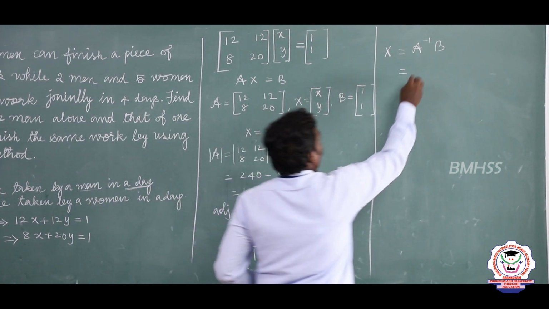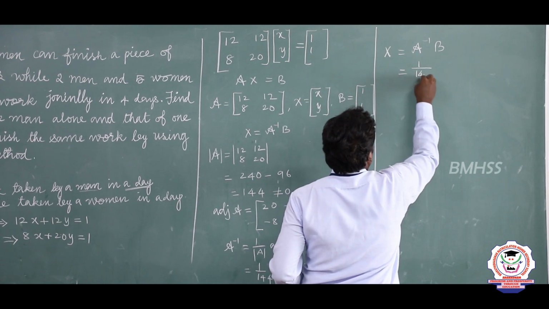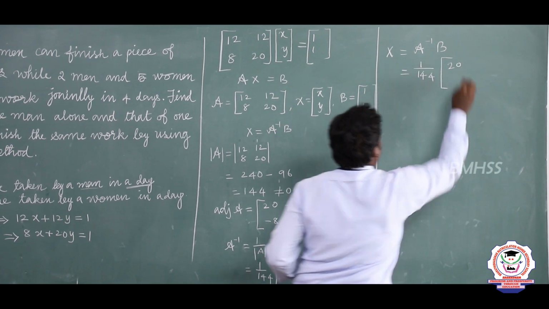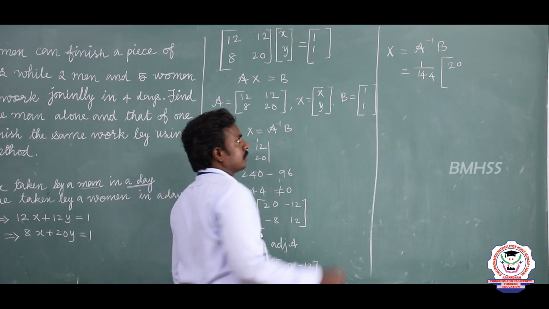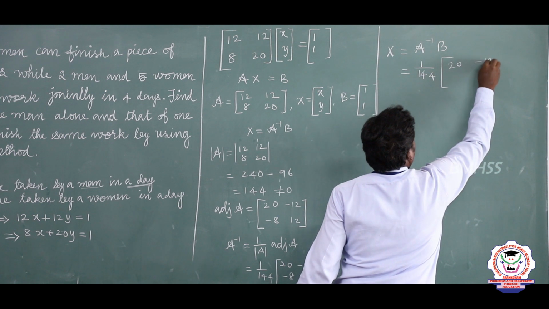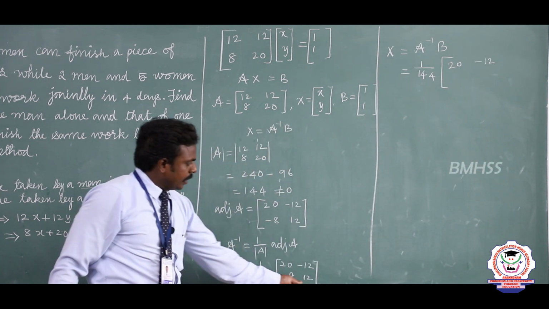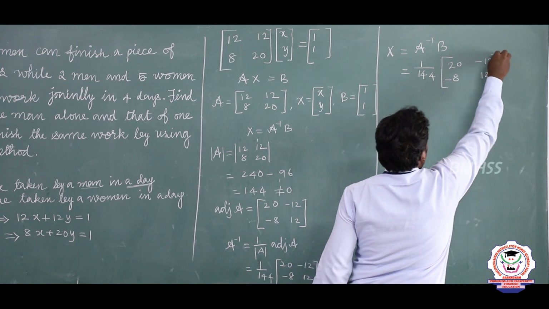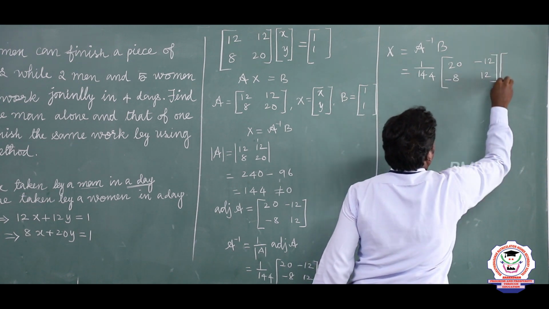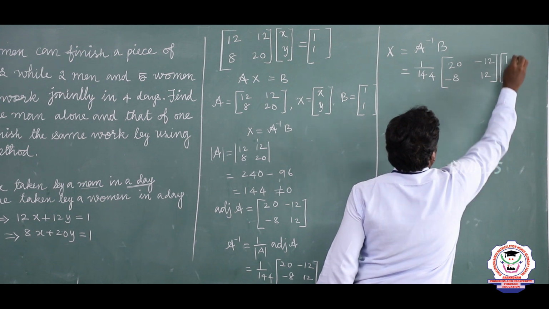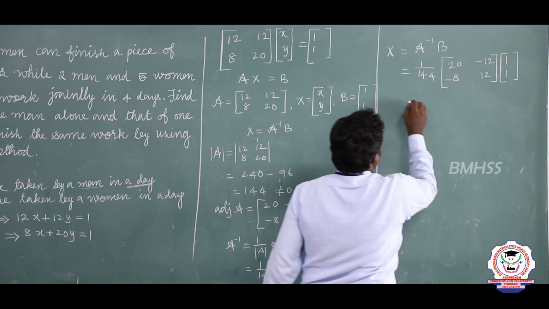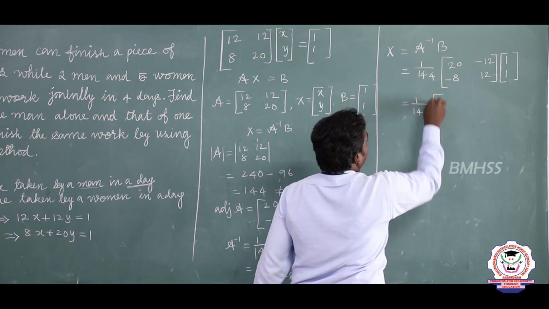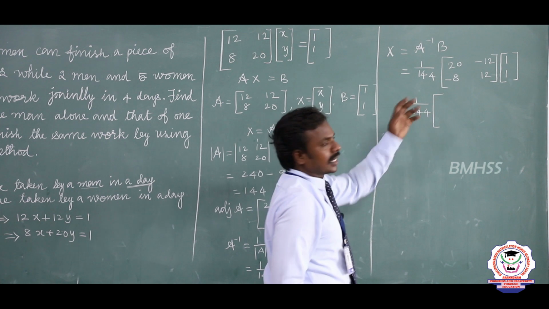Now I am going to write 1 by 144 into the first row 20 minus 12, the second row minus 8 plus 12, into the B matrix, that is the column matrix with values 1 1. Very simple. So 1 by 144, just keep it outside. Now I am going to do the matrix multiplication.